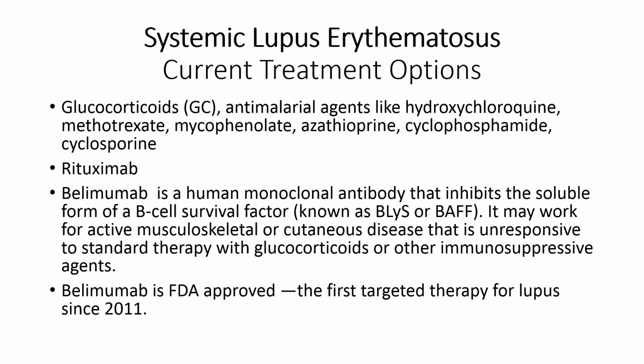Belimumab is a human monoclonal antibody that inhibits the soluble form of B-cell survival factor, also known as BLyS. Belimumab may work well for active musculoskeletal or cutaneous disease that is unresponsive to standard therapy with glucocorticoids or other immunosuppressive agents. It was first approved by the FDA in 2011, and that's really the first targeted therapy for lupus.